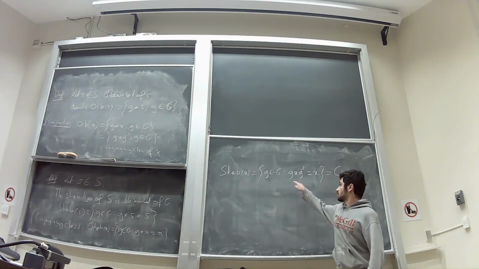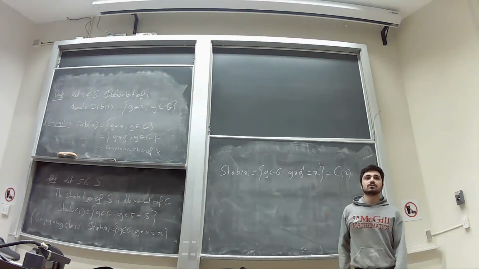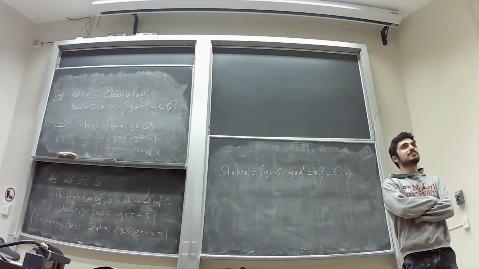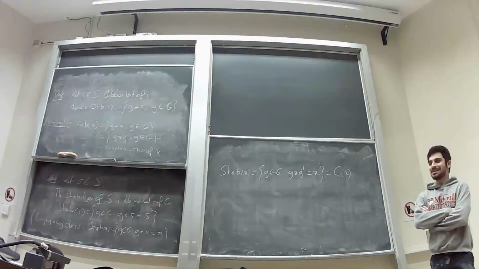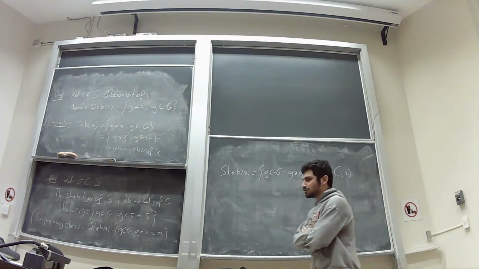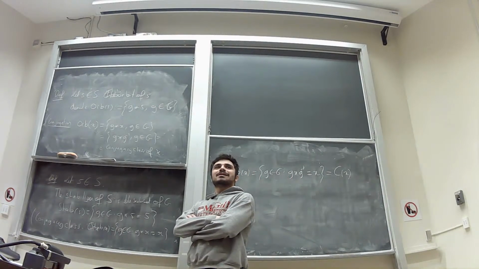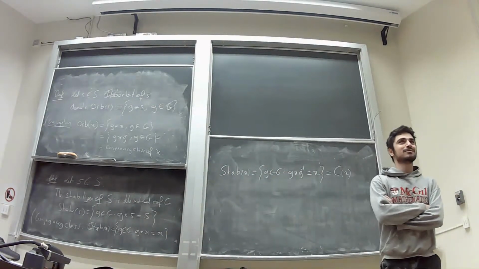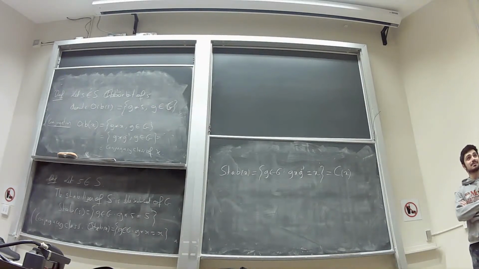So we decide G X G inverse is equal to X. This is the stabilizer of X. It's tough, huh? It's not the most wonderful, but you will see that it allows us to prove very, very strong theorems.